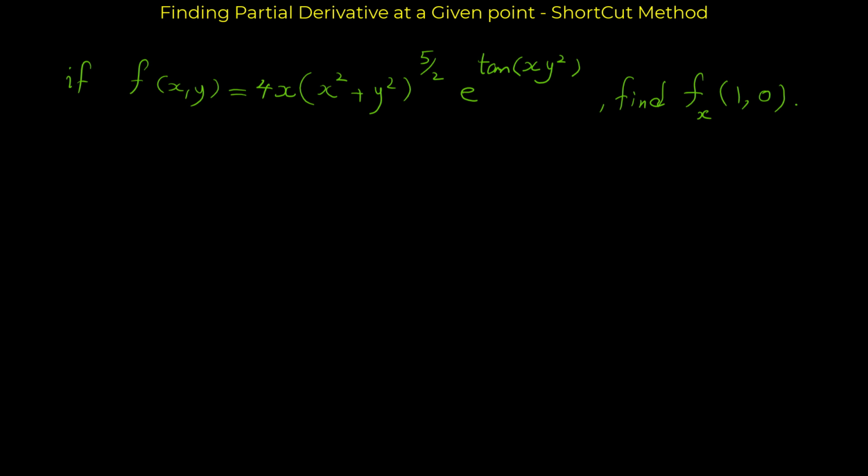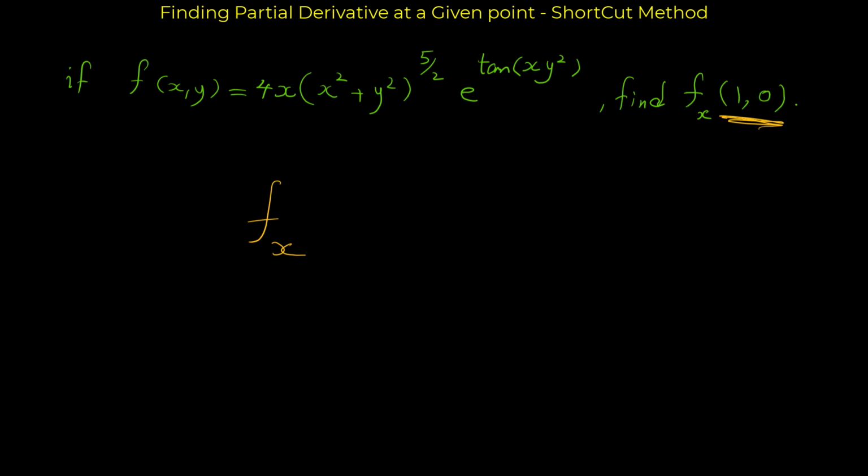But what is that trick? Attention, the question is not to find a partial derivative of f with respect to x in general. We want to find the partial derivative of f with respect to x at this point. Why does the question ask us to find the partial derivative at this point?